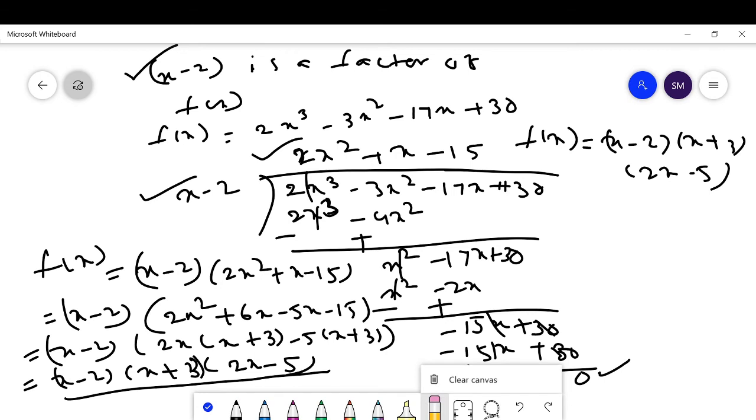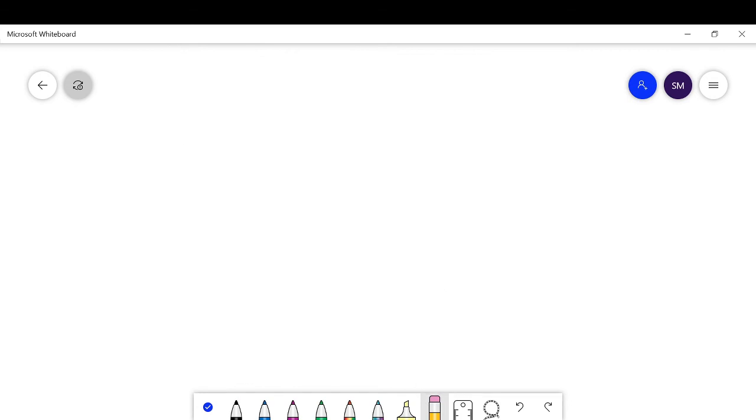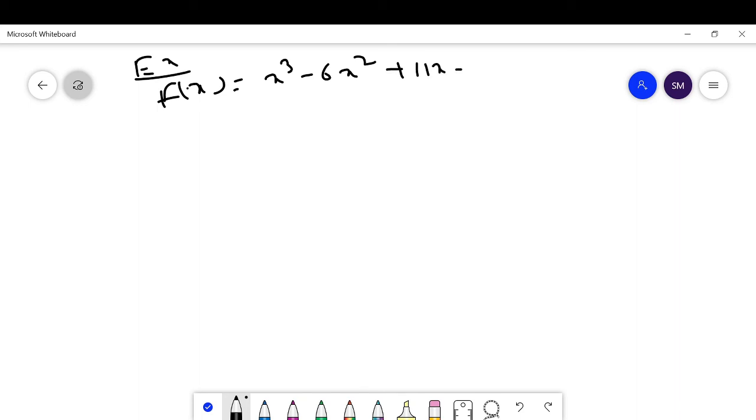Then another example. Using the factor theorem, factorize f(x), where f(x) is given as x cube minus 6x square plus 11x minus 6. The constant term is minus 6.